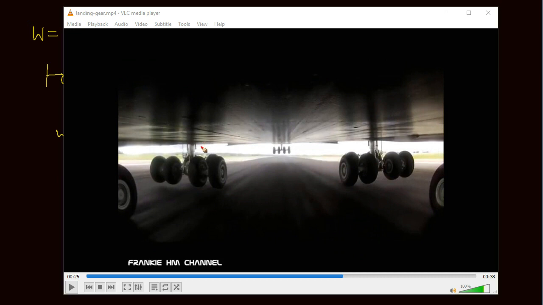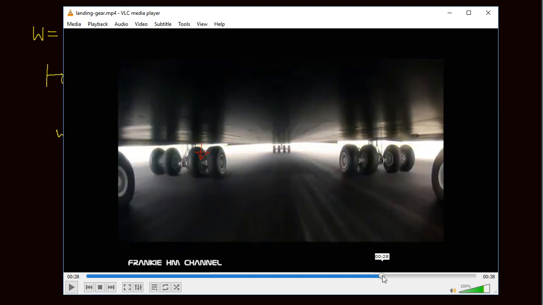So this is right before the wheels touch the runway, and this is the body of the plane. So at this point, because of the weight of the plane, the compression will happen like this. Right?